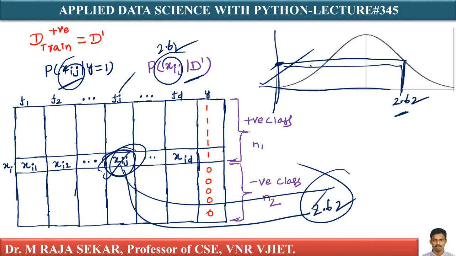My D dash is D train with positive labels.